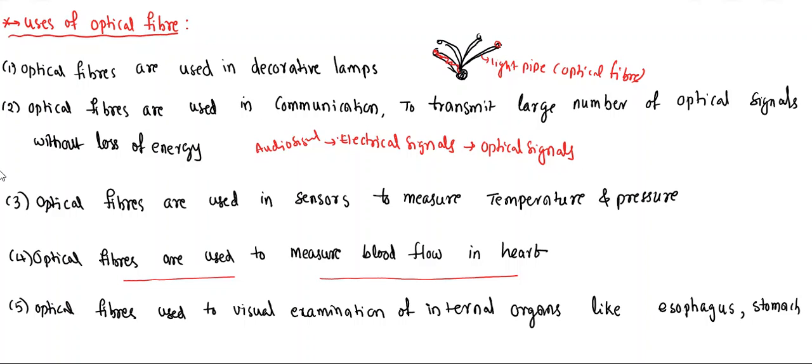If you want to see internal organs, then we can send the light through the pipes, and then that will be reflected back. Through that we can visualize the organs from outside. And these are the applications.